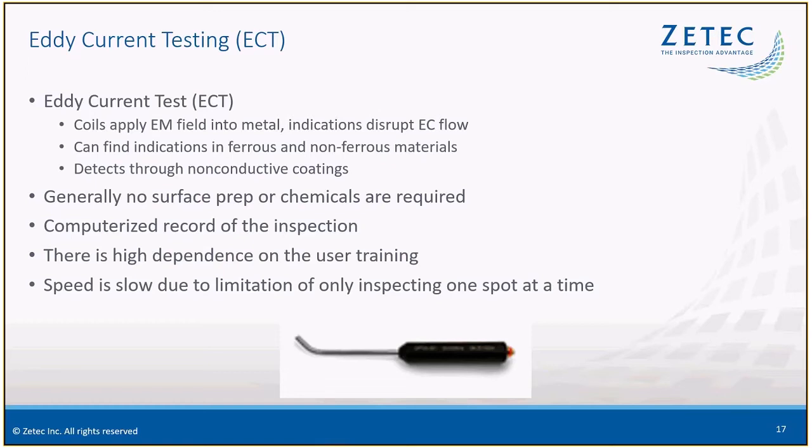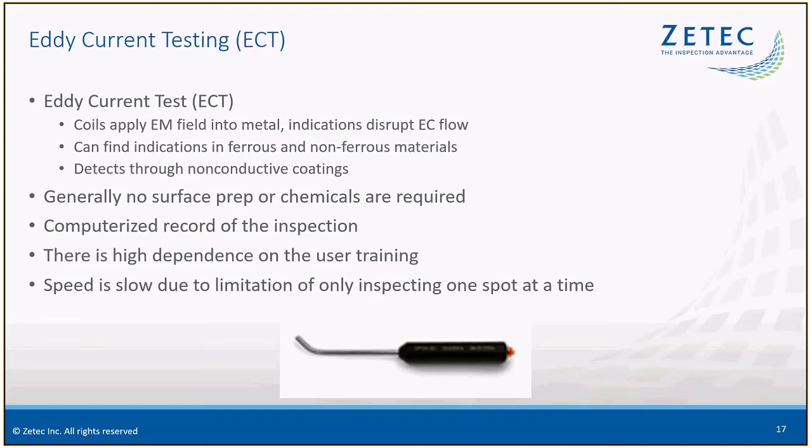Some benefits: you don't have to deal with surface preparation or chemicals. With the instrument, you do get a computerized record of the inspection. There's a little bit of dependence on user training, because if you're not engaging the coil correctly into the part, you can have some false indications.